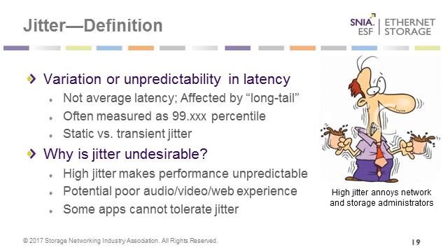This is sometimes called the long tail, because latency distributions, as we'll see in the next slide, often have a statistical distribution with a long tail off to the right, meaning a small number of transactions have unusually high latency, even though most have a short average latency. So jitter is that variability. Jitter can be static or transient.